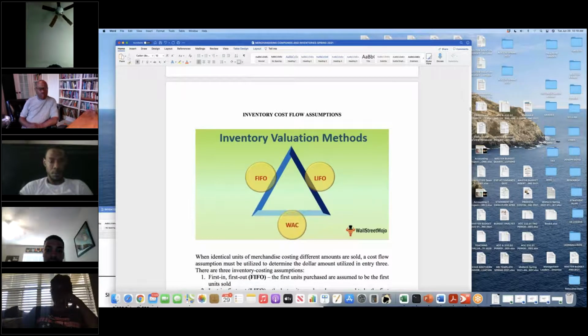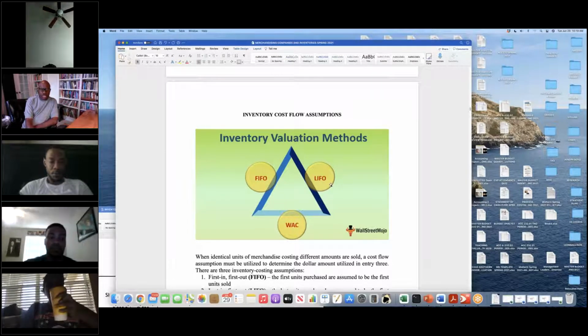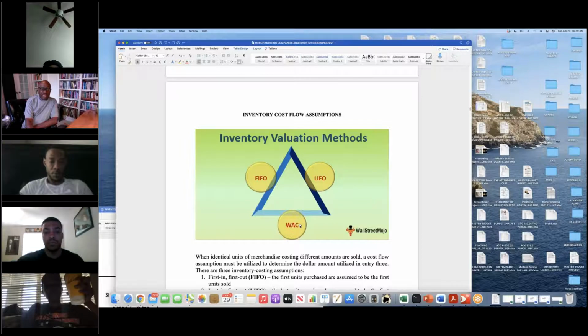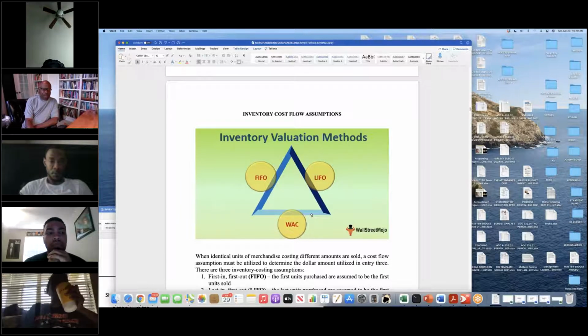And then we mentioned 3 inventory methods: FIFO, LIFO, and weighted average. And we're working on FIFO today. You have a quiz on FIFO shortly. You have about 45 minutes for that quiz, and then we're going to go on to LIFO and weighted average. Then you have a quiz tomorrow, probably for the last hour or so, on FIFO, LIFO, and weighted average.